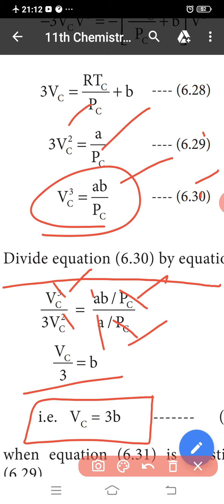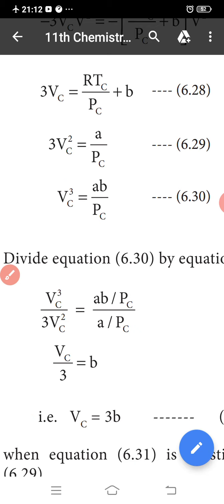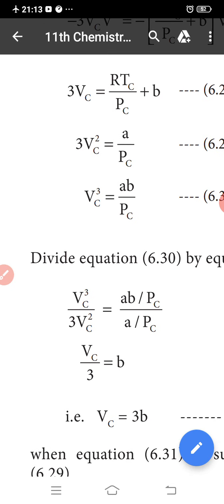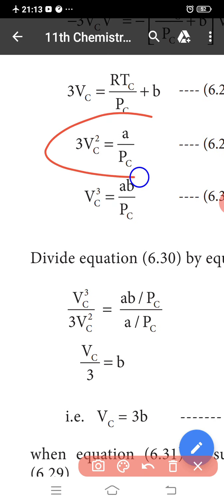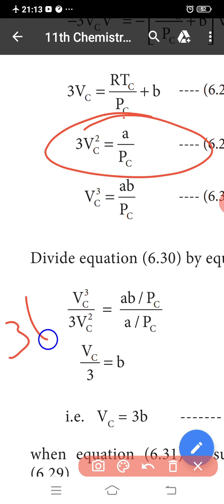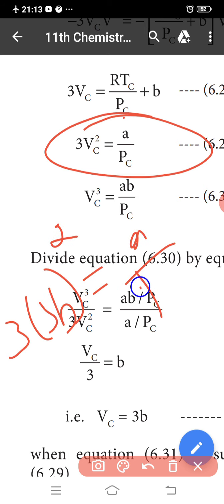Are you clear? So when equation 6.31 is substituted in 6.29, this Vc value is substituted. So 3 into 3b squared is equal to a by Pc.